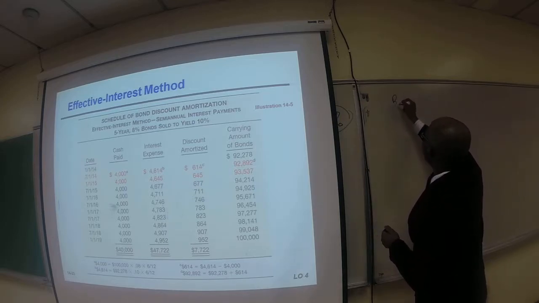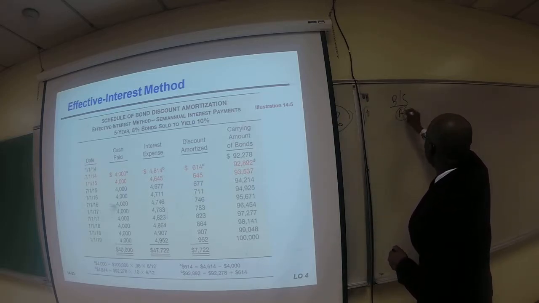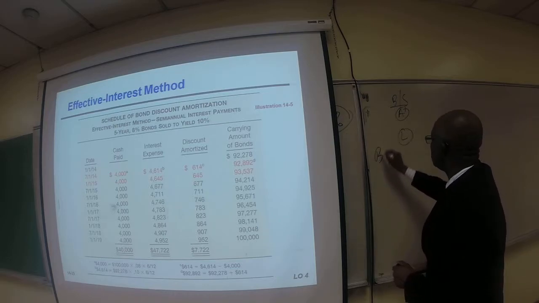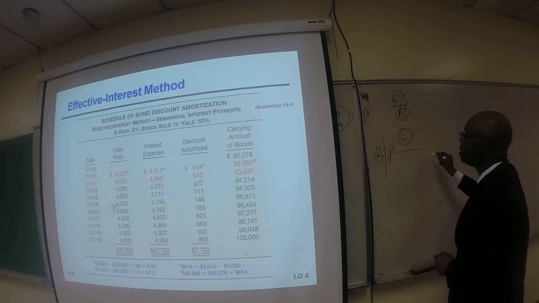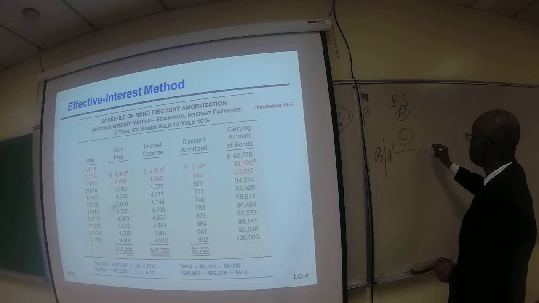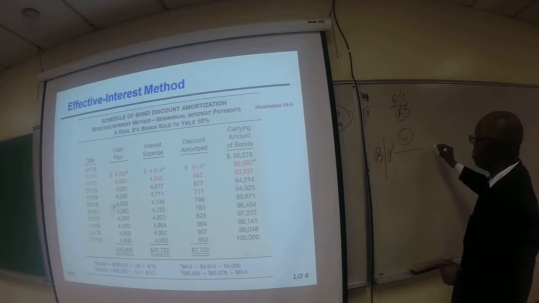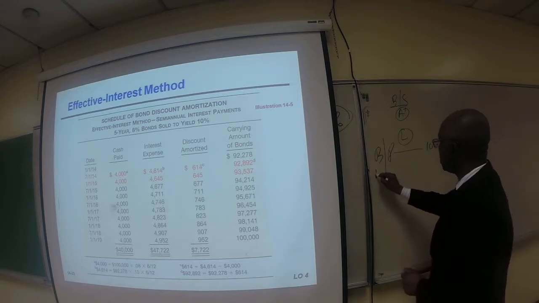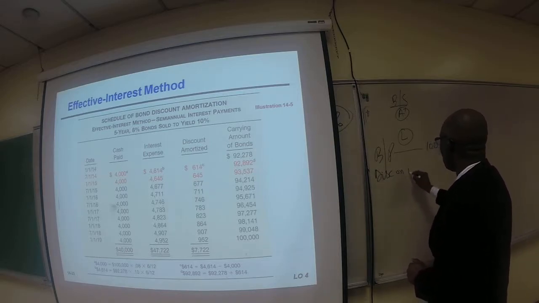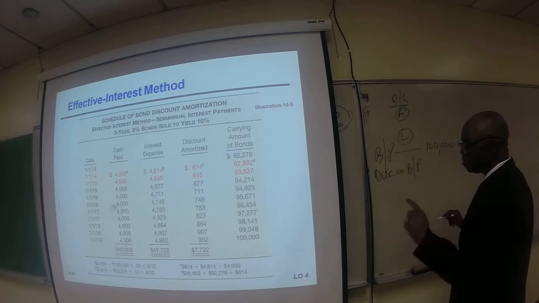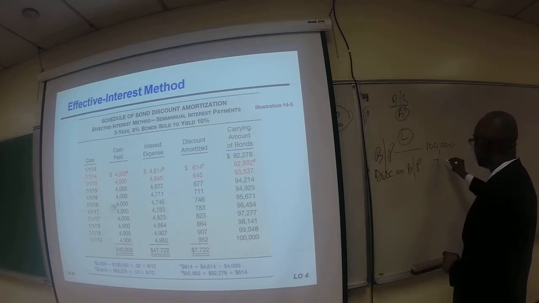So here is the balance sheet, assets, liabilities. So the bonds payable from the get-go was $100,000. The discount on bonds payable from the get-go was 7,722.